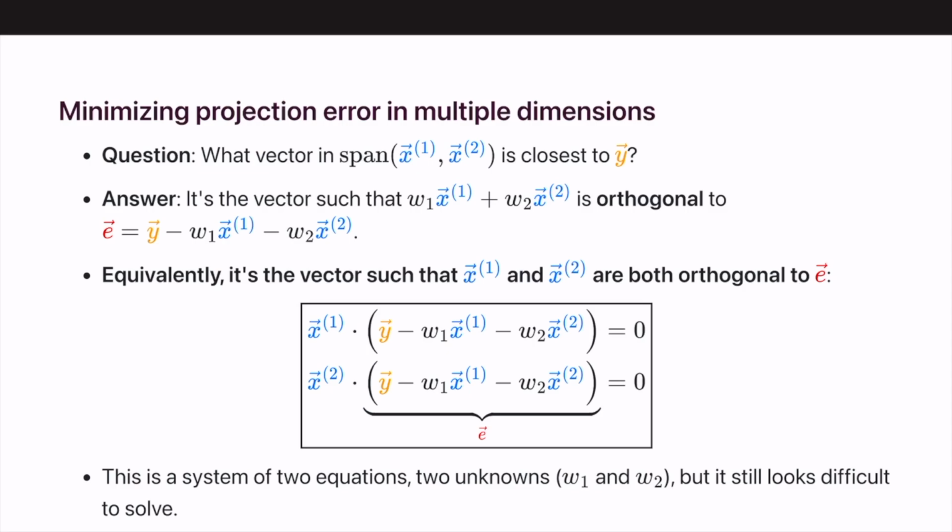So really that's what we're trying to find. And we'll make that explicit here. In keeping with the tradition that we've been doing, that's the w1 star and the w2 star that solves this system of equations here.